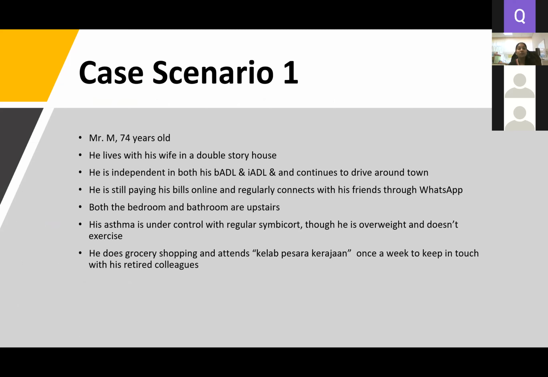So in case scenario 1, we have Mr. M. He's 74 years old. He lives in a double-story house. He is independent in both his BADL and IADL and continues to drive around town. He is still paying his bills online and regularly connects with his friends through WhatsApp. Both the bedroom and the bathroom are upstairs.